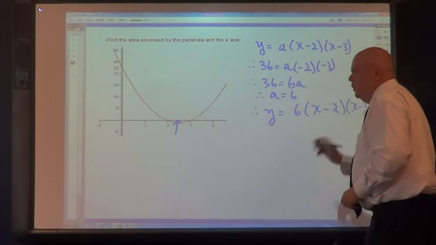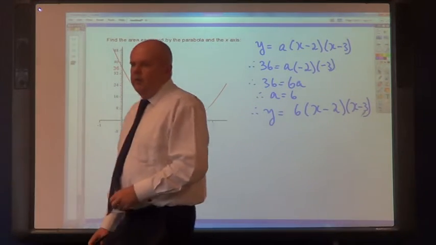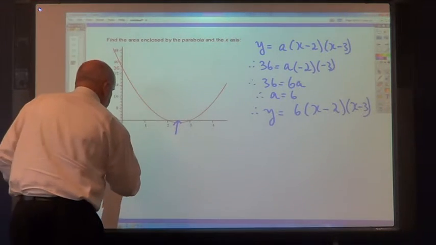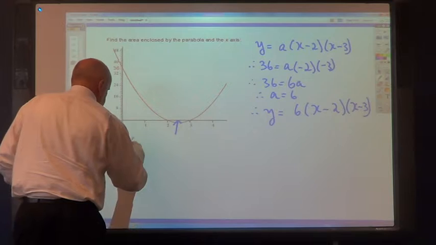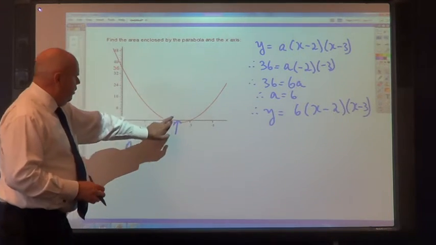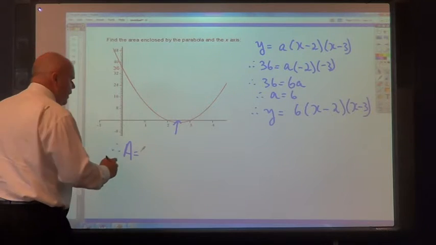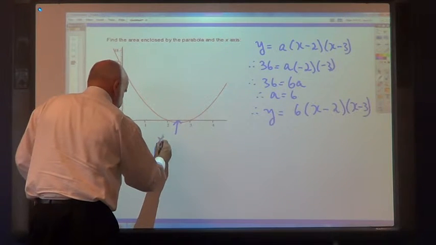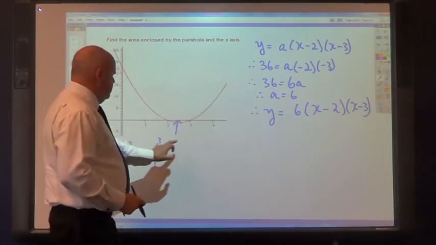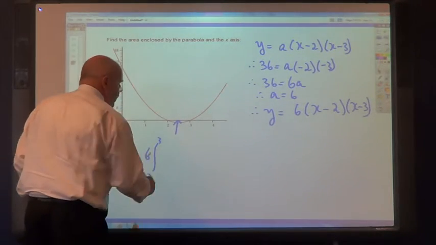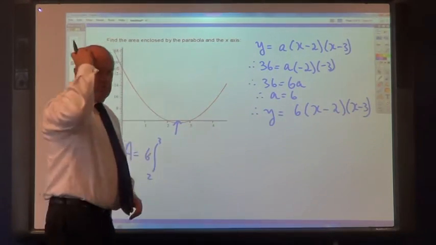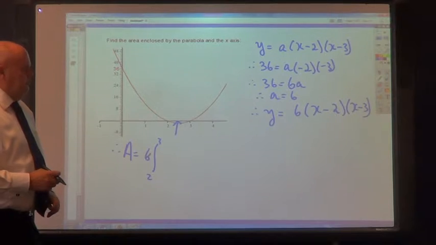Alright, so now we need to find the area, and there shouldn't be too many mysteries in all of that. Unfortunately we can't rely on symmetry, but we do know what the limits are, and they are 3 and 2. We're going to put our scalar out the front, so 6, and we have not a difference of 2 squares, but a quadratic expression that would need to be expanded.